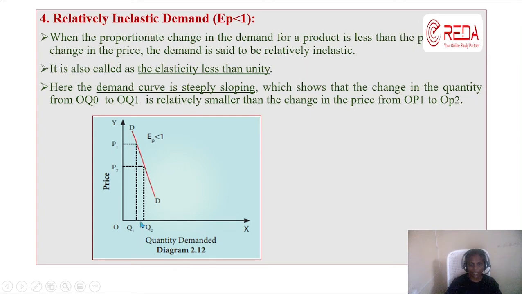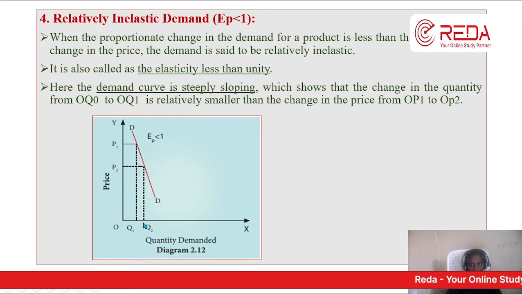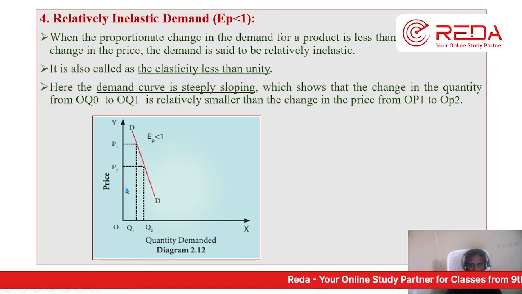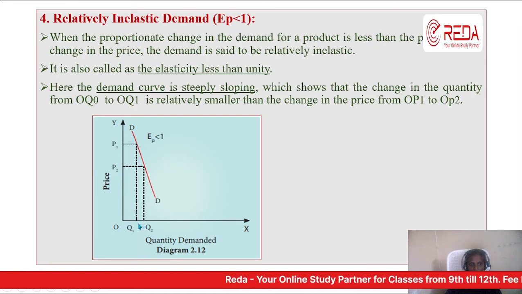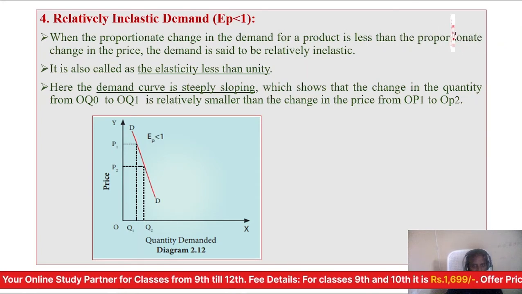At that time, the change in demand will not be proportionate to the change in price. This we call relatively inelastic demand: a larger decrease in the price level leads to a smaller increase in the quantity demanded. If the price decreases from 10 rupees to 5 rupees, the quantity demanded increases from 5 to 6 units. Only 1 unit of increase in demand for the commodity.